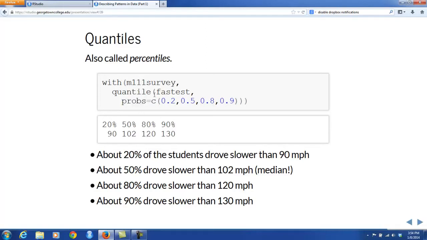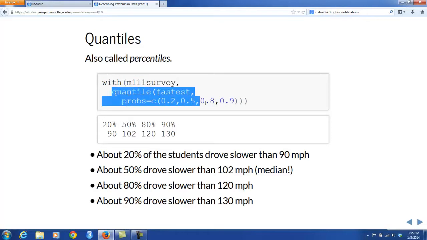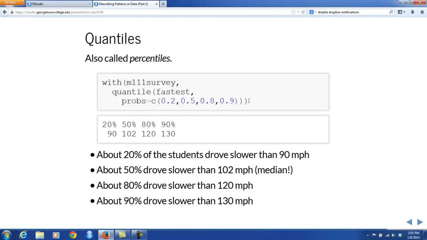Now, you're going to have to tell R where to look for the variable fastest, and unfortunately quantile does not recognize formula data input. So what you do is you say with the data frame Math 111 survey, do the following. Take the quantile of fastest with those probs. So that's one of the very few times in this course when formula data input won't be available for you, possibly the only time.